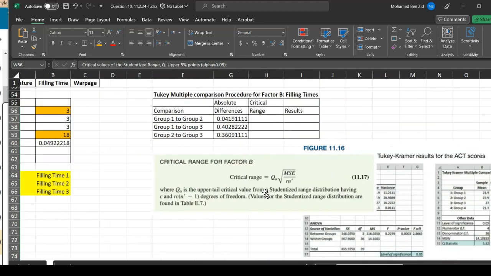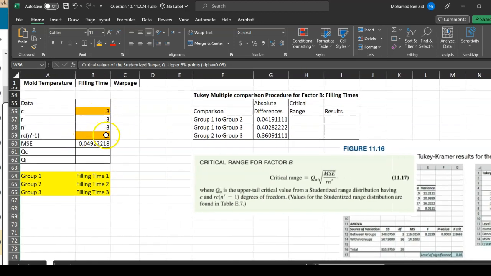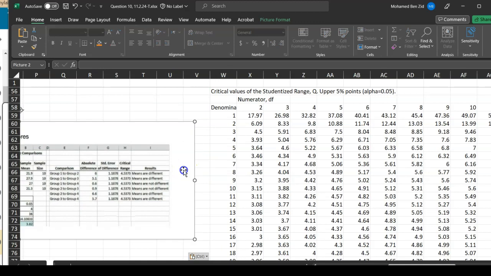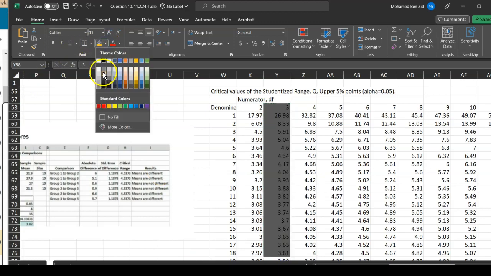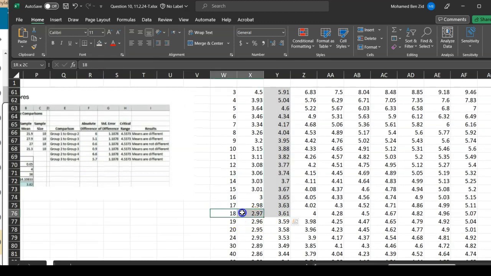What I'm going to do is follow the C, the 3, and the 18. The C is the numerator, or the horizontal value. So I'm going to select this one up to 18. And then with 18, cross it with 18 here.